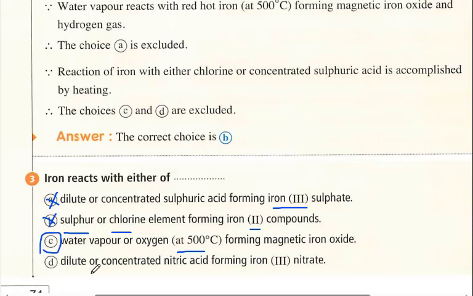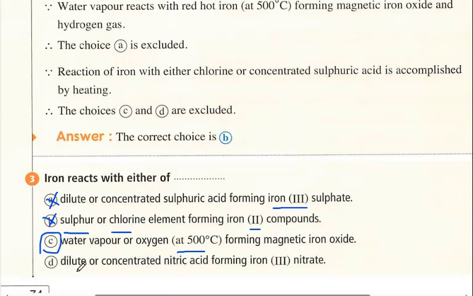It can react with dilute or concentrated nitric acid to form iron 3 nitrate. With the concentrated nitric acid there is an oxide, and the nitric acid oxidizes iron, but this oxidation layer makes a barrier between the iron surface and the environment.